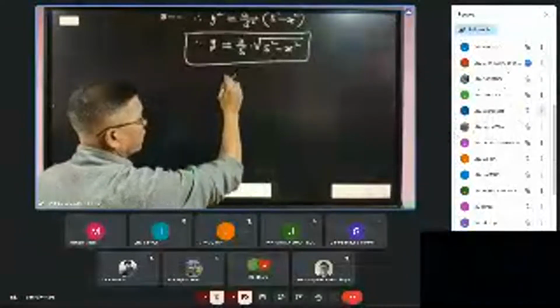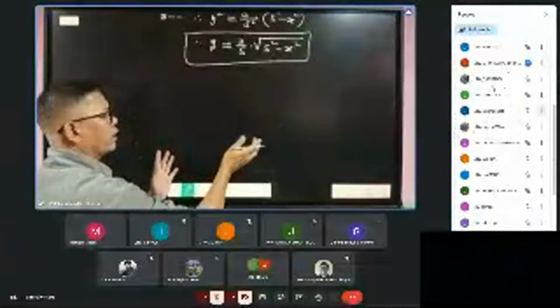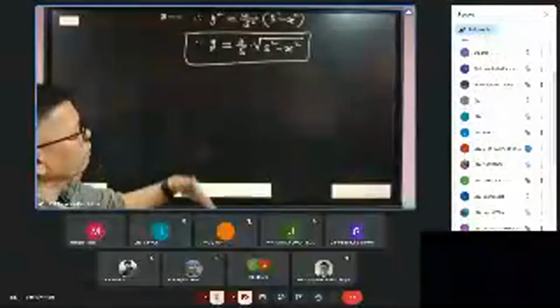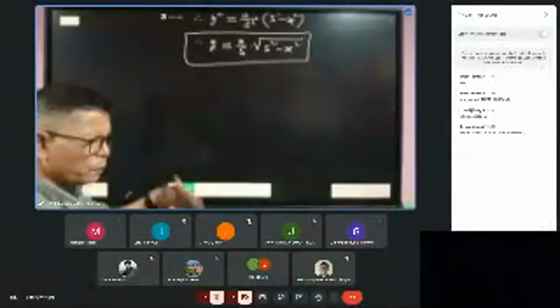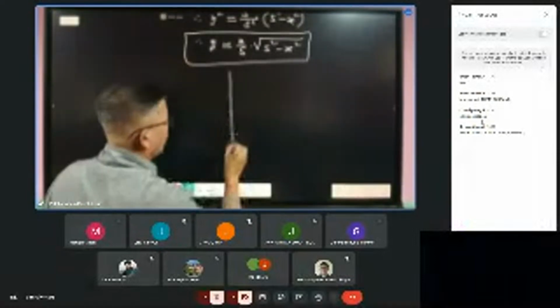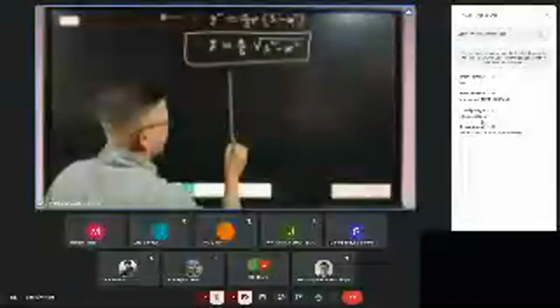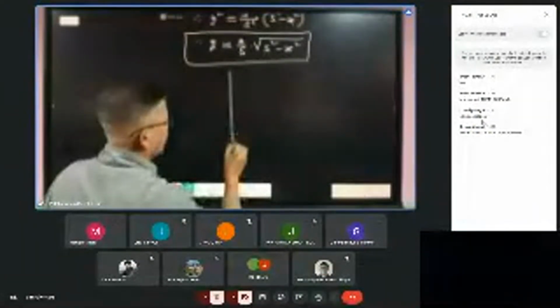See, the diagram can be drawn in your answer book. No need that it is drawn on graph paper. But your diagram should look very neat and clean and very nice. This is the y axis, x axis, origin is here.